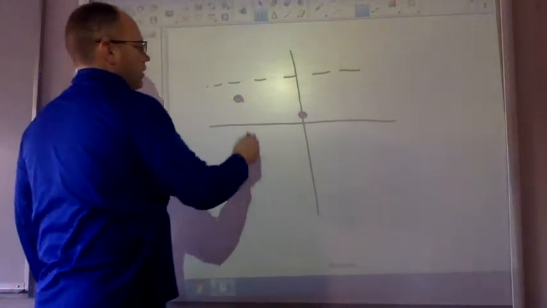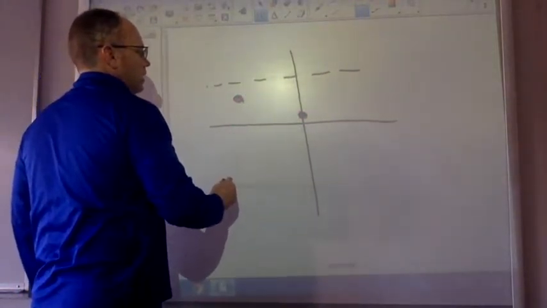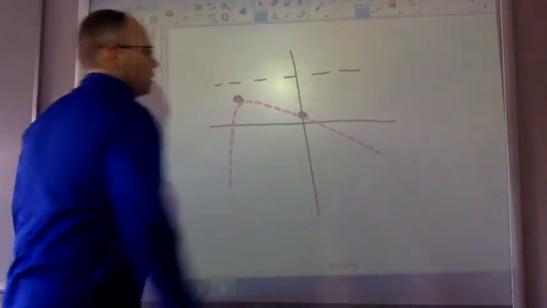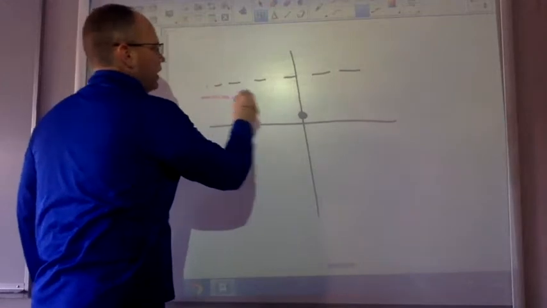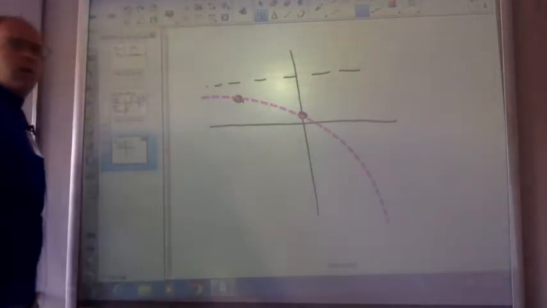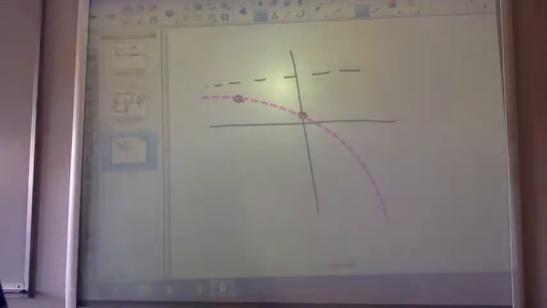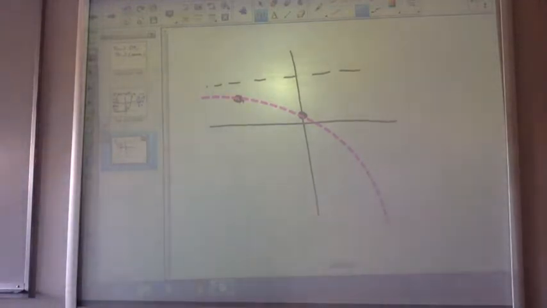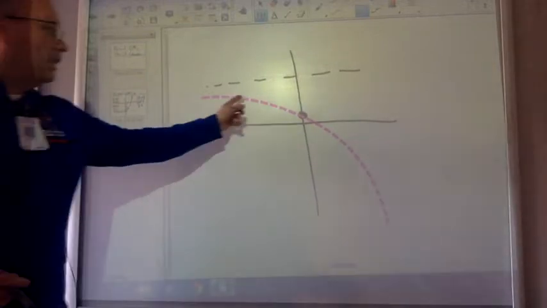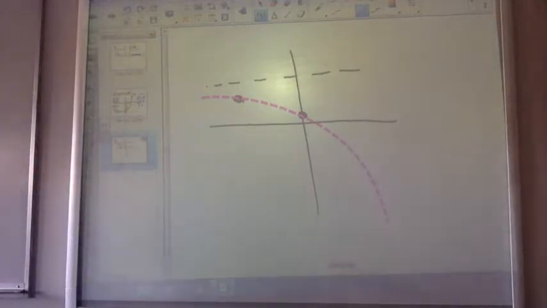Would it make sense for our graph to do this? No. Would it make sense for our graph to do this? Well, we're making the graph. They all look the exact same. They have the exact same curve. They either go up or down, but it's the exact same curve. So this kind of gives you the direction where it goes.